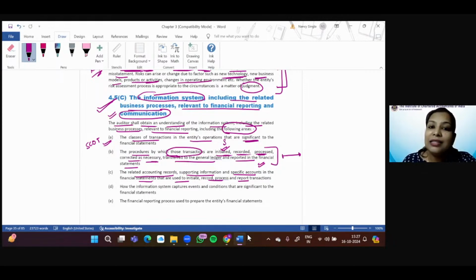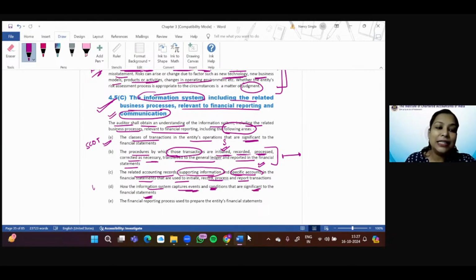Now, when the sales transaction is recorded in the financial statement, there must be certain supporting information, certain accounting records, and how the same are used to initiate, record, and report the transactions. Then, how the information system captures events and conditions that are significant to the financial statement.